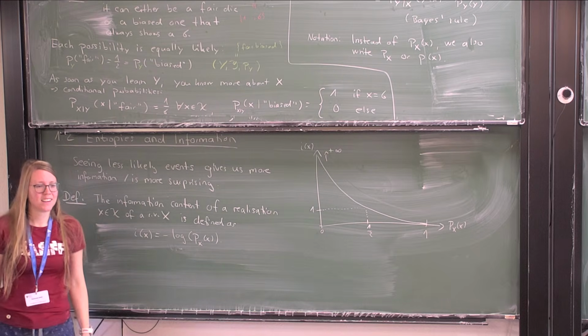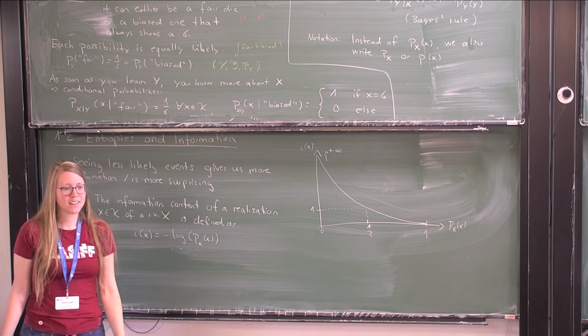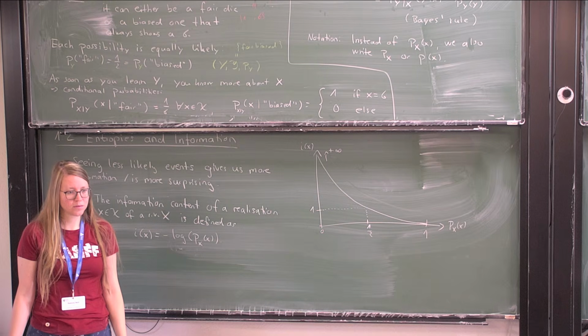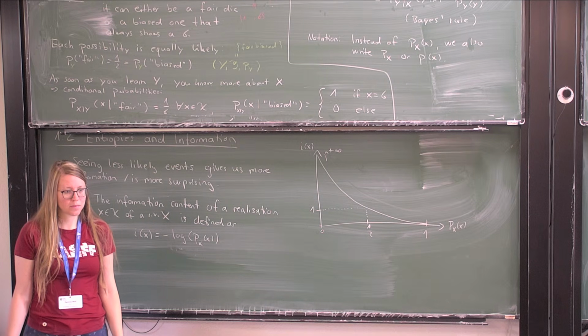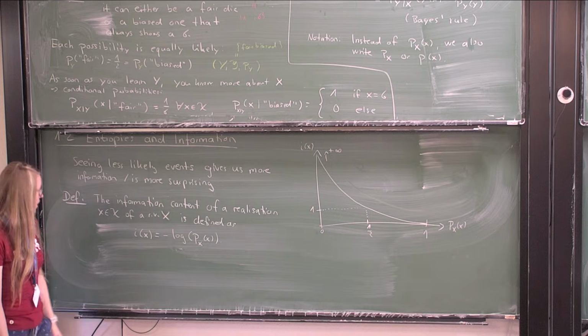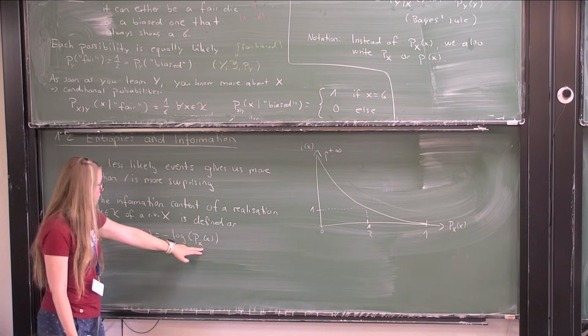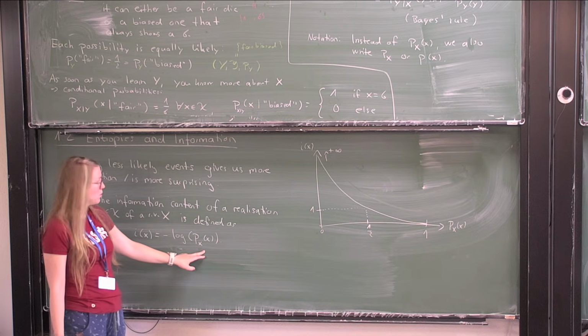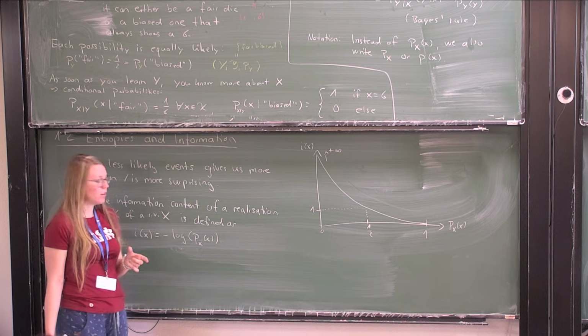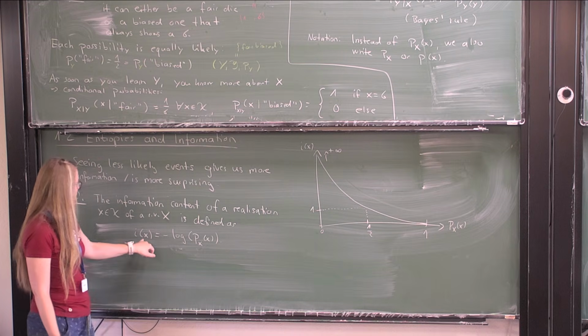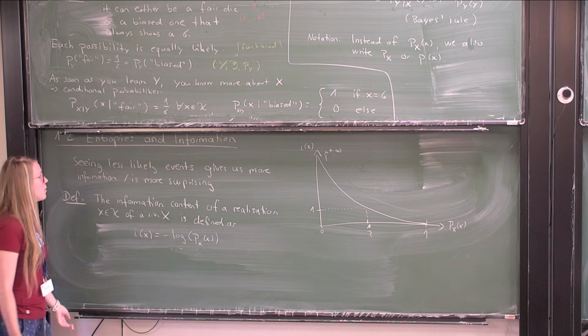I think the most important one, more important than even that, is that for mutually independent events, the information is linearly summable. Yes, that's true. For independent random variables, we will get that this information content is additive.